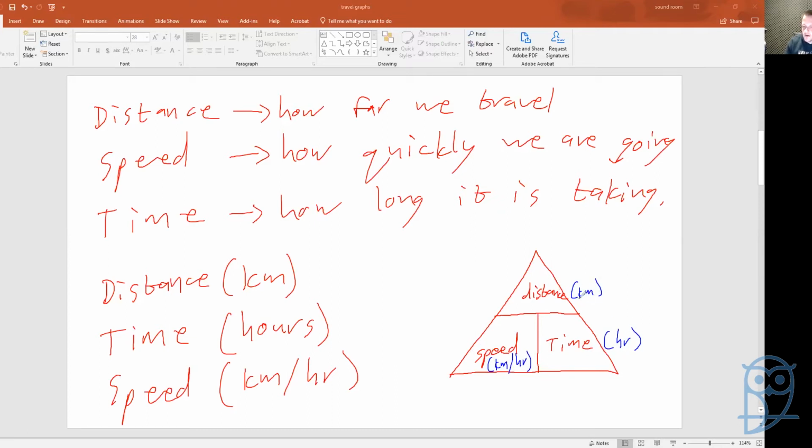If I want to find hours, I take kilometers over kilometers per hour. And tip and times, because this is kilometers divided by kilometers per hour. I tip and times this fraction, so that's kilometers times hours over kilometers. Kilometers cancel, and I'm left with my hours. So that is a whole bunch of ways to help you find out if you're meant to be multiplying, if you're meant to be dividing.